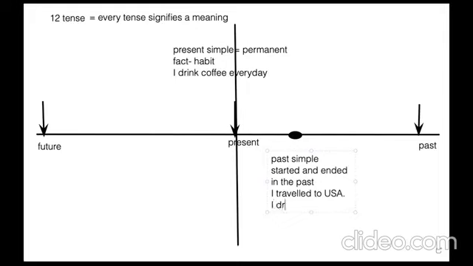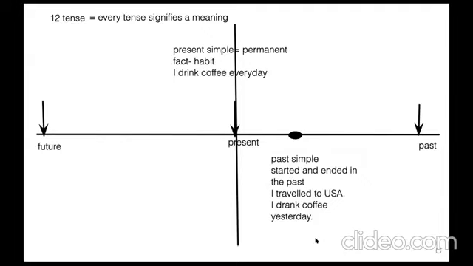Like, for example, when you say I drank coffee yesterday, does this mean that I will drink tomorrow, or that I drink coffee every day? No, it means that this action happened in the past one time.